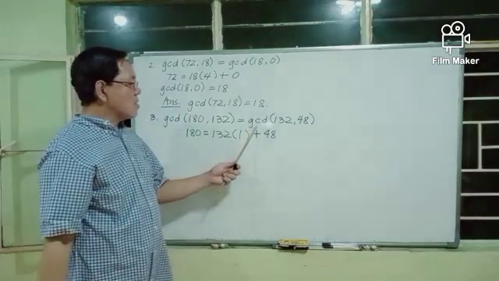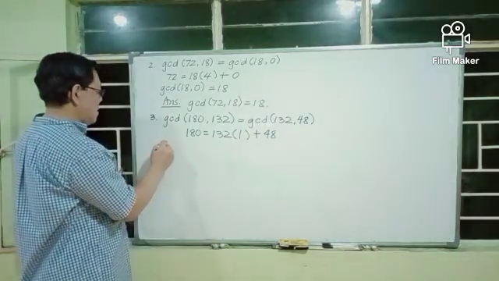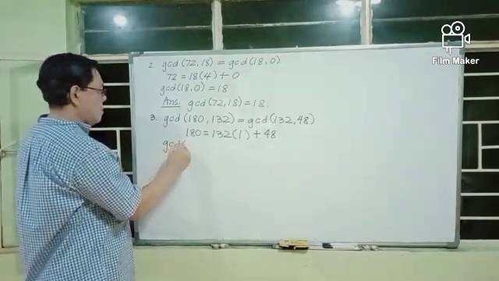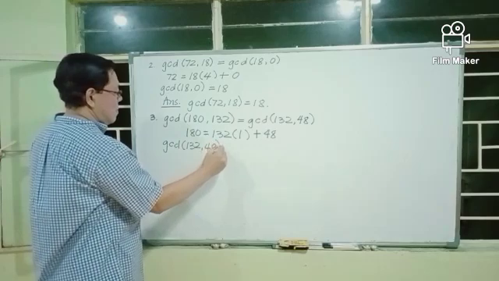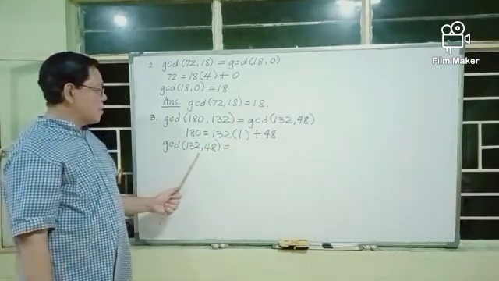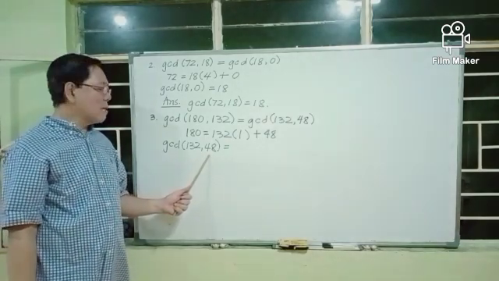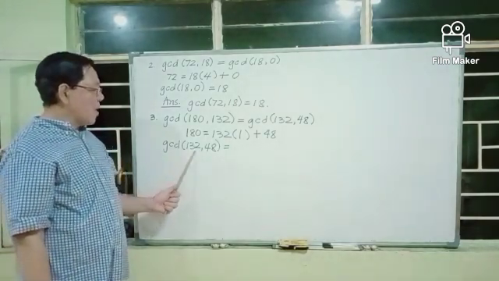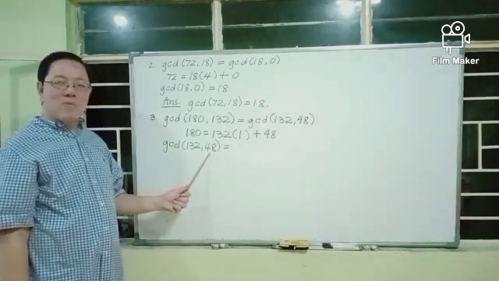Now, we find the greatest common divisor of 132 and 48. Our A now is 132, our B is 48, and by the result we obtained earlier, the greatest common divisor of A and B is equal to the greatest common divisor of B. B now is 48.